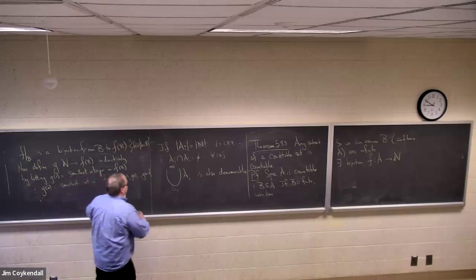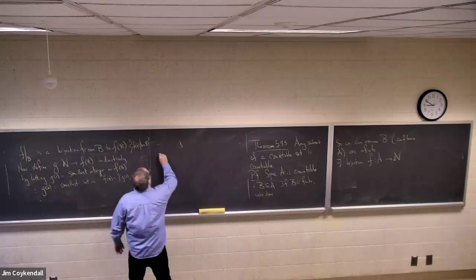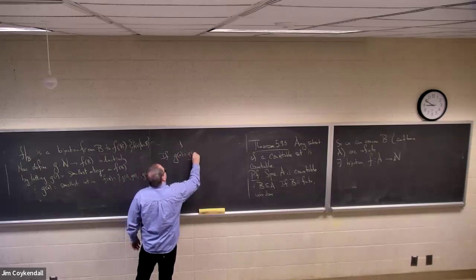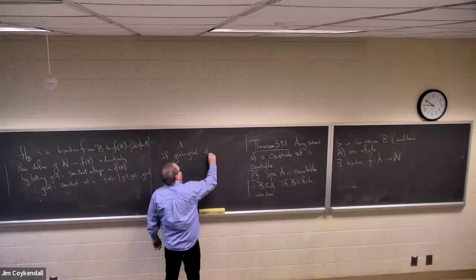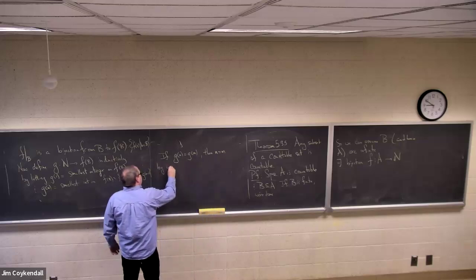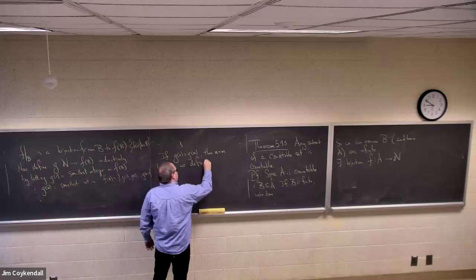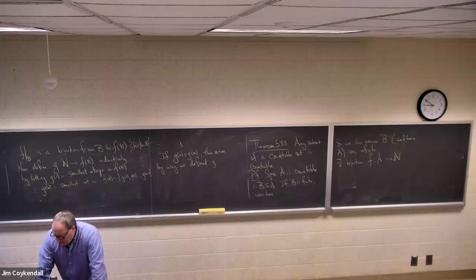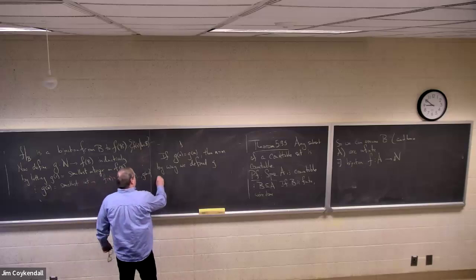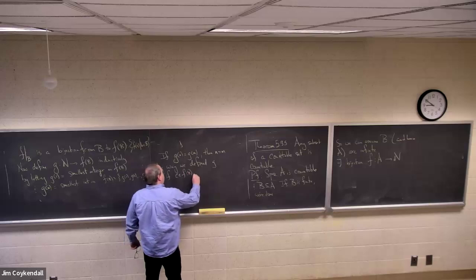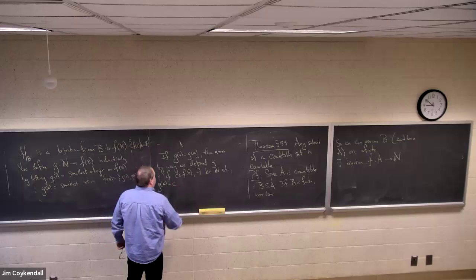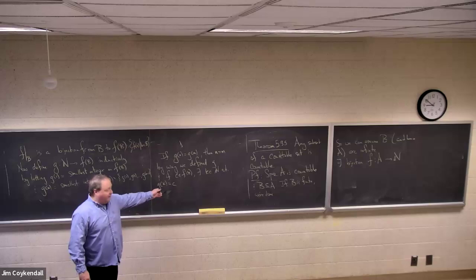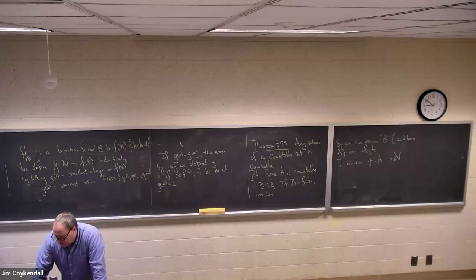Note that if G of n equals G of m, then it must be the case that n equals m by the construction of G. And if c is in F of B, then c is in the natural numbers, and so there is k in the natural numbers such that G of k is c, because there can be at most c minus one numbers less than c, and so eventually it must get there.